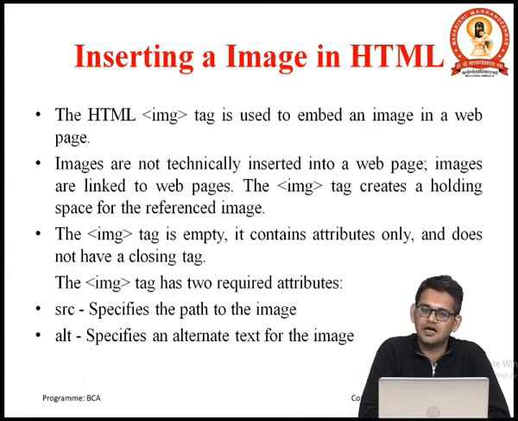For that time the alternative text is shown, which tells you what the image is of. Or when you move your cursor or mouse to that image, it will show you the alternative text that this is an image of a rose. That's the reason the alternative text is used.